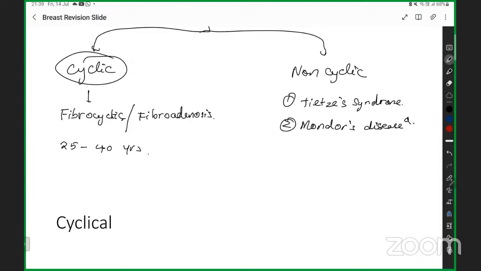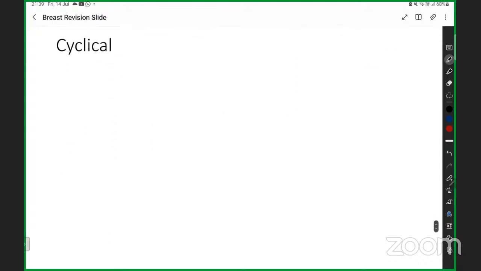Now moving on towards cyclical. What are the causes of cyclical breast pain? We have seen fibrocystic adenosis. This occurs in the age group of 25 to 40 years. Now, what are the clinical features? Remember, pain will be before the periods.